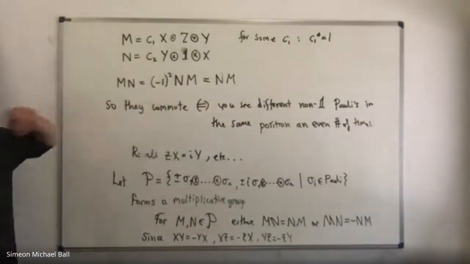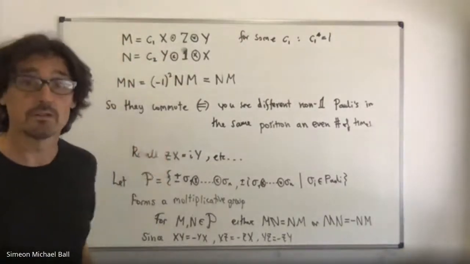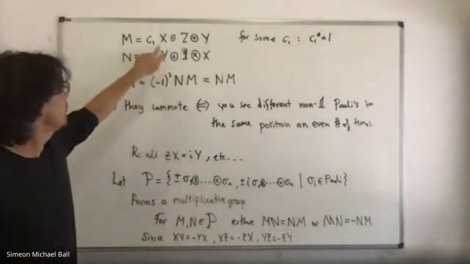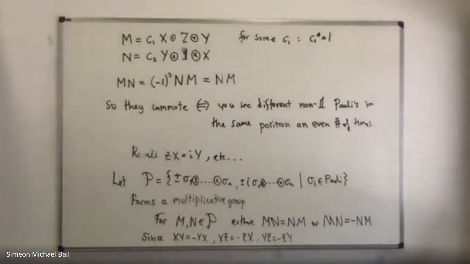When you see the identity or the same Paulis, it doesn't matter because they commute. So you only get the sign change when you see an XY or an XZ or similar.